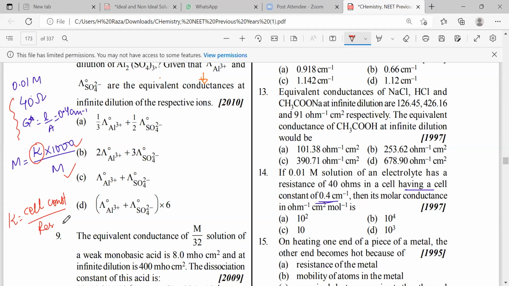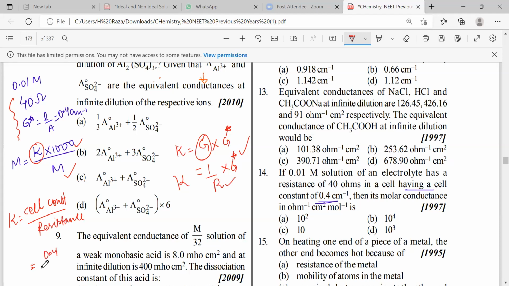Do you remember from that formula, specific conductance kappa will be equal to G into G star? And you know that G is equal to 1 by R. So that's why it's cell constant upon R.